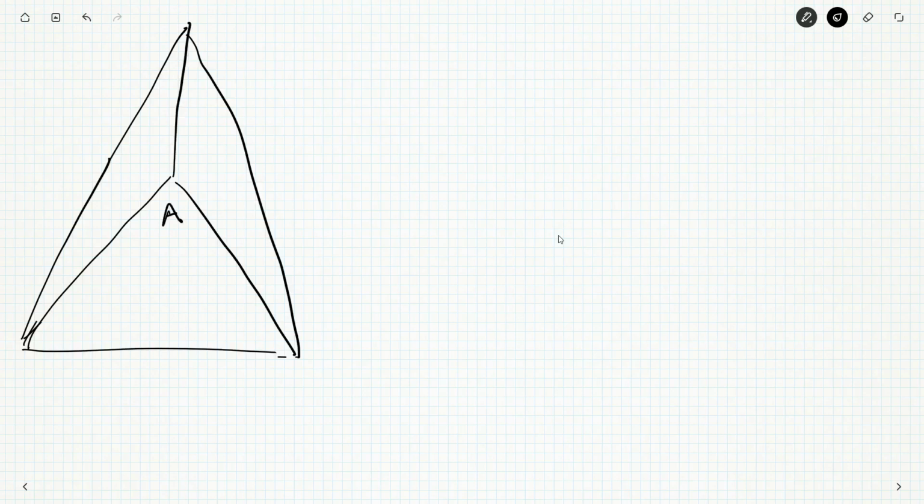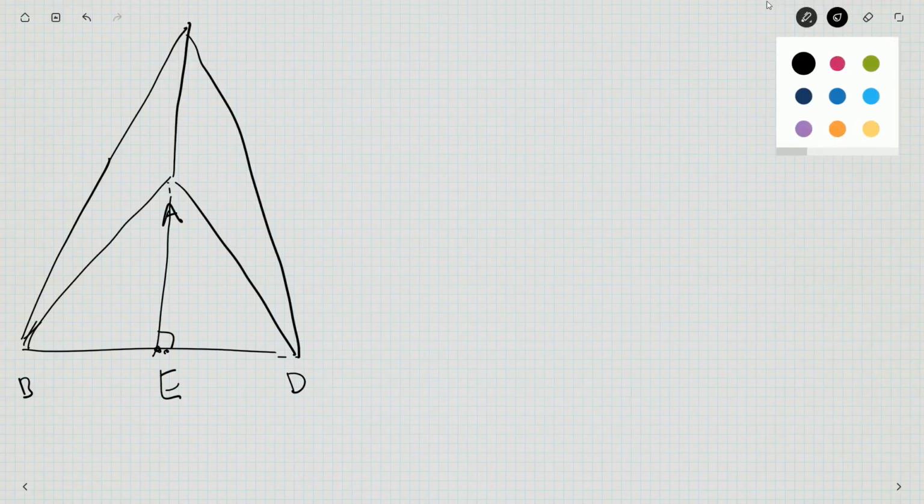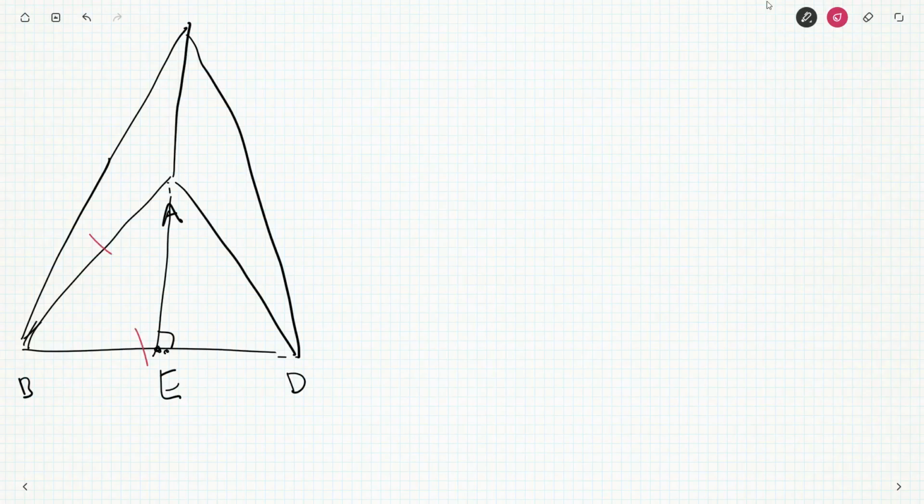So there's A, there's B, D. Extend this down, we get E. But we have a nice little 1, 2, 3, 4. So we know that ABD is equilateral.